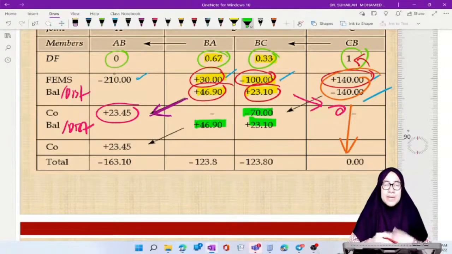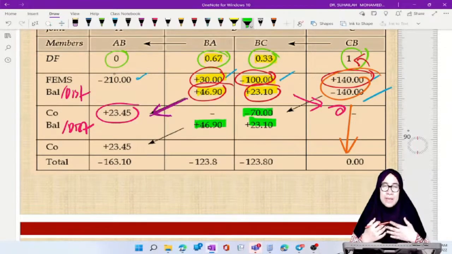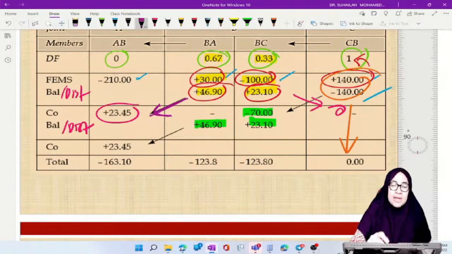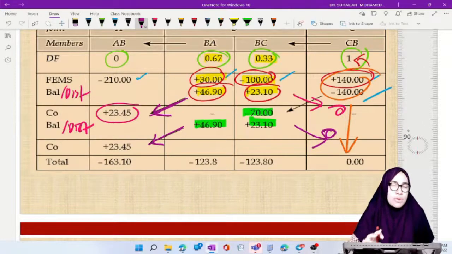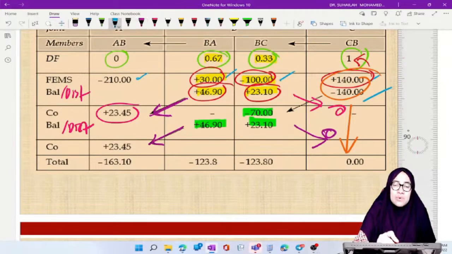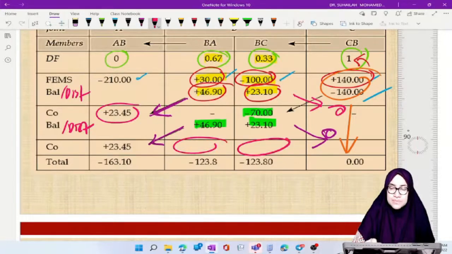Then we repeat the step, carry over. We carry the value 46.9 and divide, we get 23.45, and 23.1. When we divide, the factor is 0, that is why we remain as 0. At this condition, there is no value here.